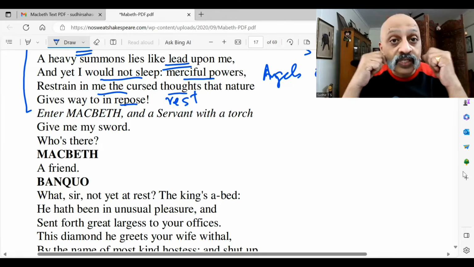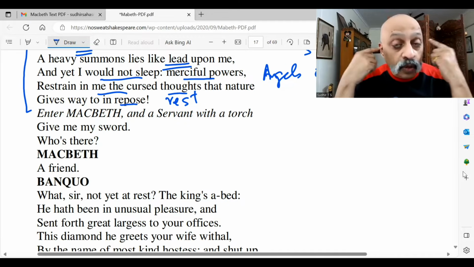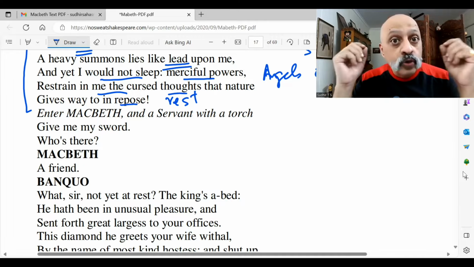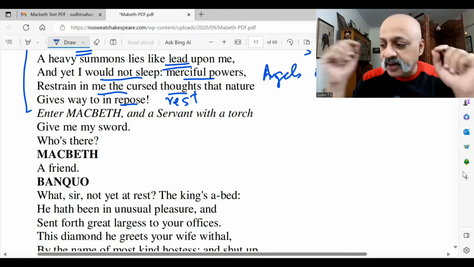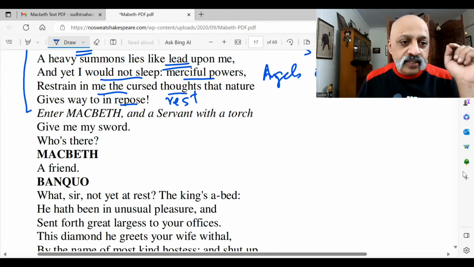Give me my sword, who is there? So he is asking who is there. He's not able to point out who is coming. Macbeth says a friend, and this is important. This is important that he refers to himself as a friend.